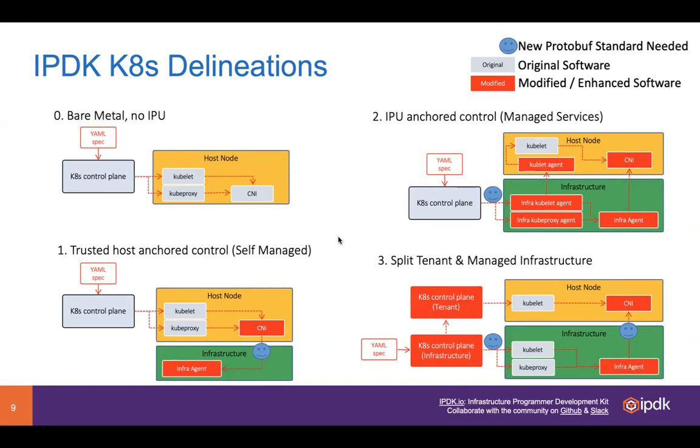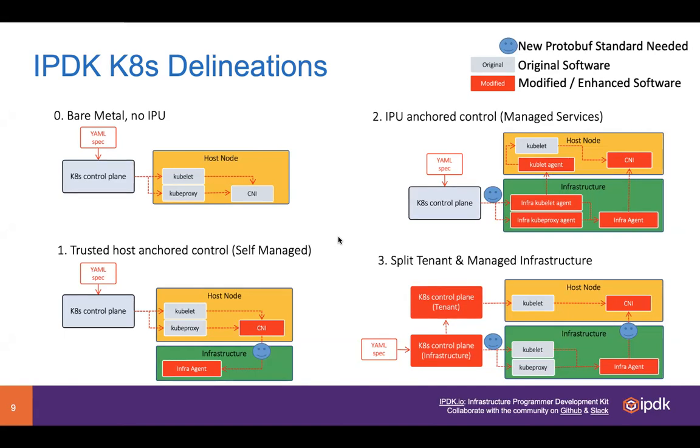And the other thing is, if we follow this kind of model where these CRDs are shared across the Kubernetes control planes, both the tenant and the infrastructure one, then that blue dot that you have under CNI becomes driven through CRDs, and it's a logical one rather than a physical one.